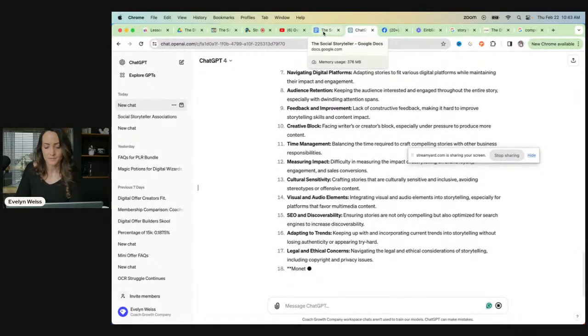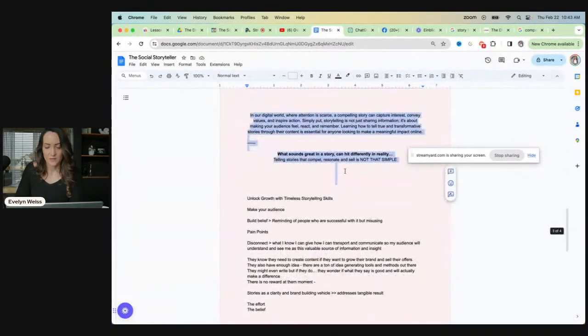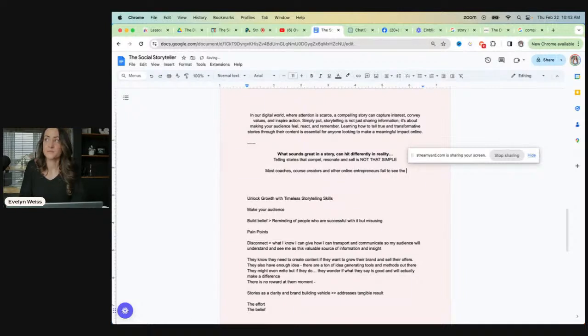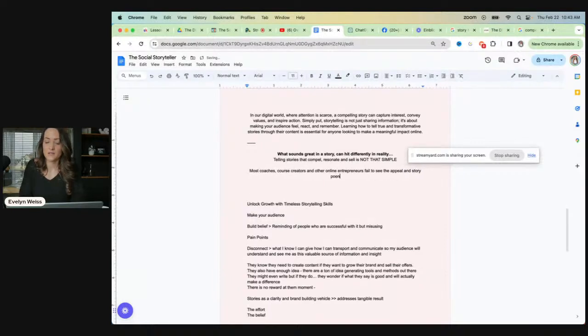So I would say it's not that simple. And then I would say most coaches, course creators, and other online entrepreneurs fail to see the appeal and story potential in their experiences.